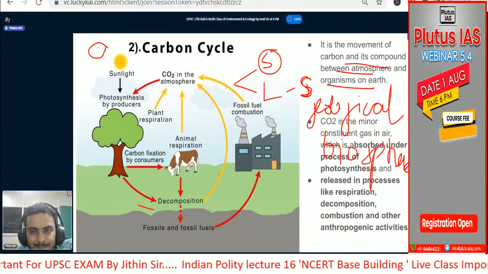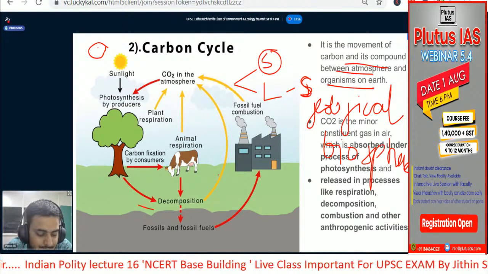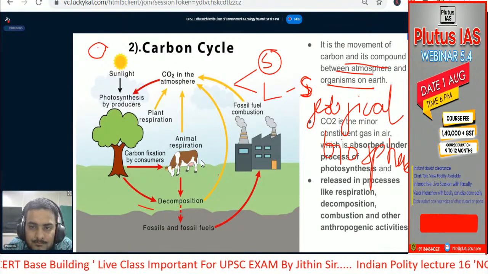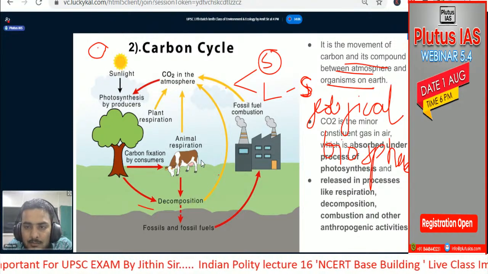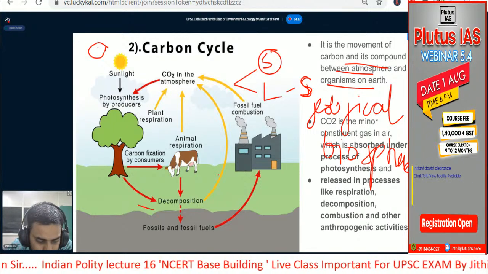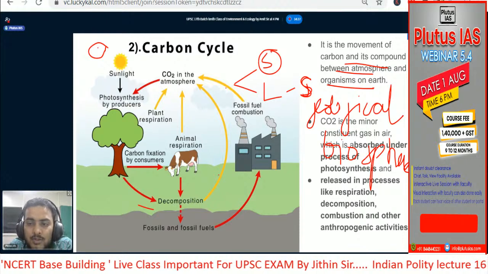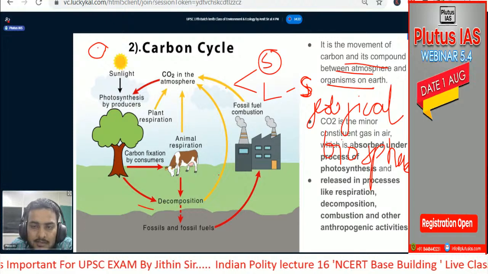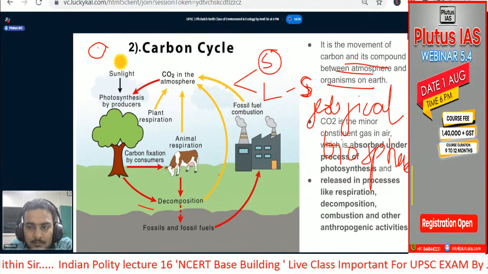So you can say simply, you can write the definition: carbon cycle is the movement of carbon and its compounds between various reservoirs of carbon.